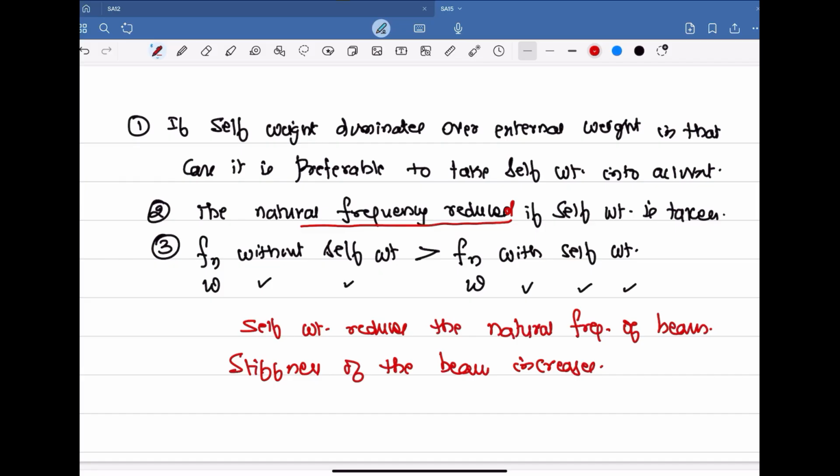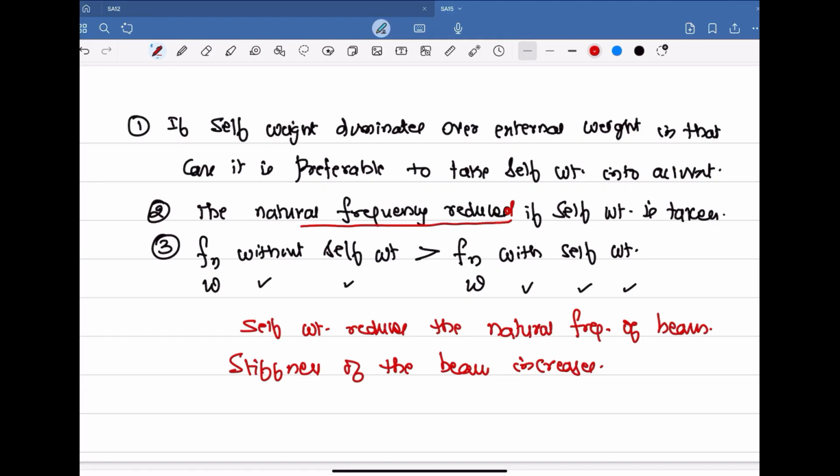It is not vibrating freely. If frequency is more, it means it is vibrating freely. Frequency will be more when self weight is less. That means thinner rods or lighter beams vibrate more than the heavier beams. Please make a note of it.